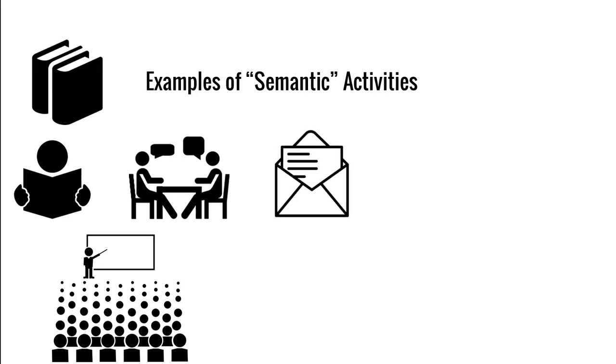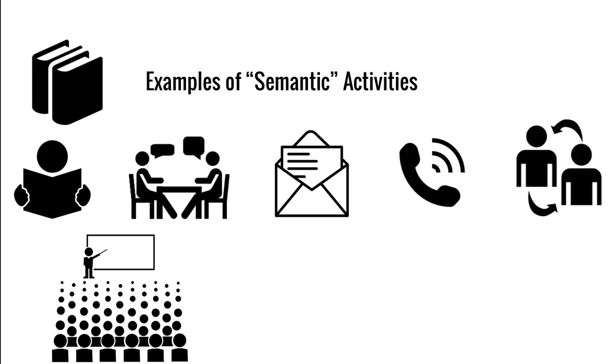This can also include writing letters, emails, essays, articles, all kinds of things. It involves speaking, so if you talk on the phone, make presentations, work in customer service, lead meetings, or negotiations, all of these things are semantic activities.